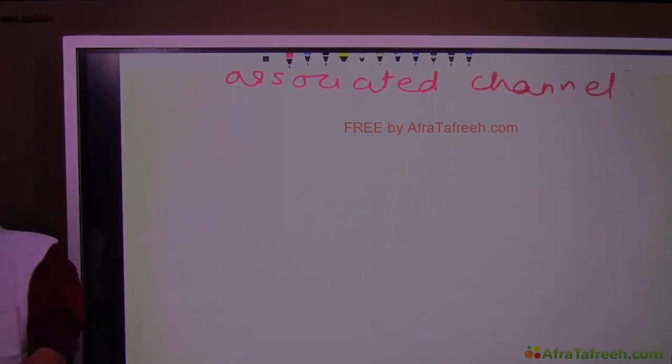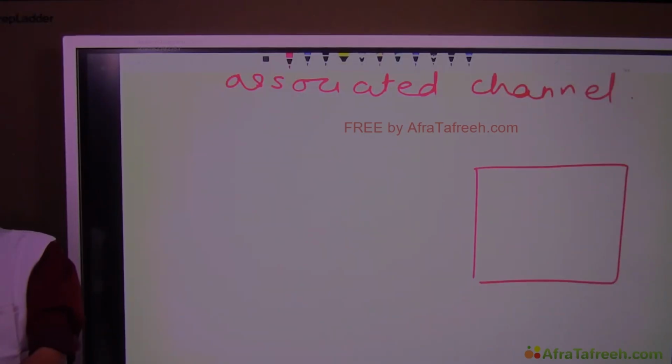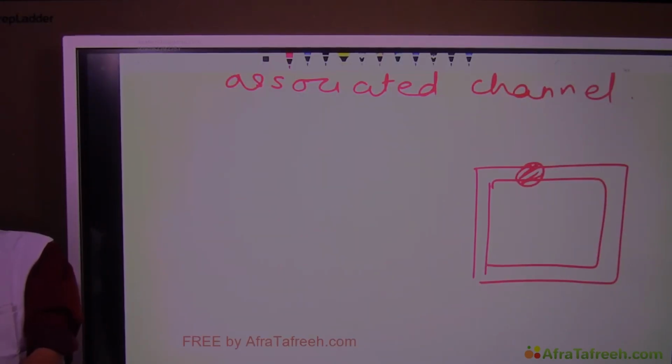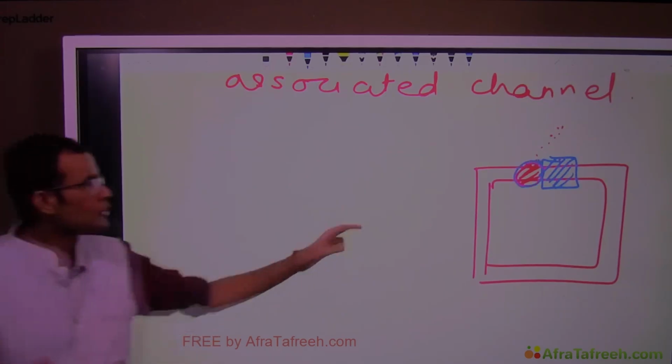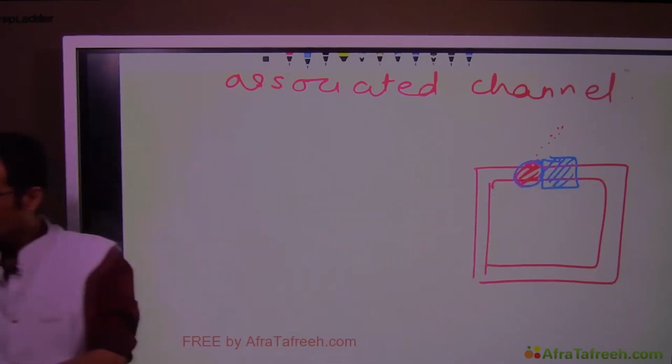So how does this work? There is a G protein in the membrane, and a certain ligand arrives and combines with the G protein associated receptor. Here is a receptor and here is a G protein. So, G protein coupled receptor.